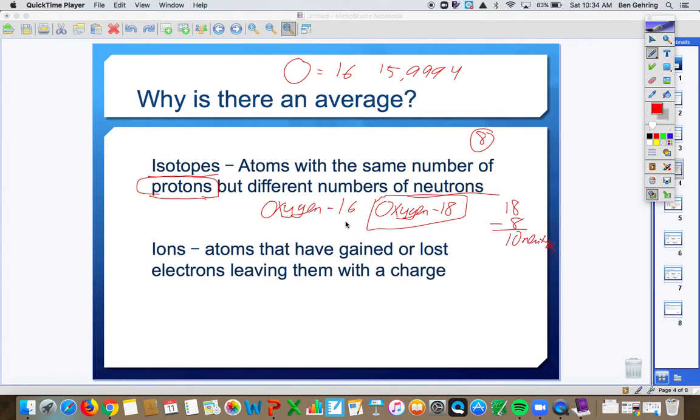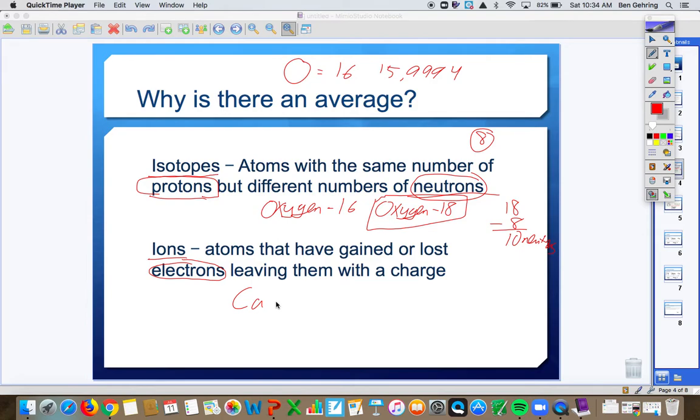Okay, these are isotopes. We also have these particles called ions. So isotopes have different numbers of neutrons. Ions are atoms that have gained or lost electrons, leaving them with a charge. So isotopes change neutrons, ions change electrons. For example, a neutral calcium atom.